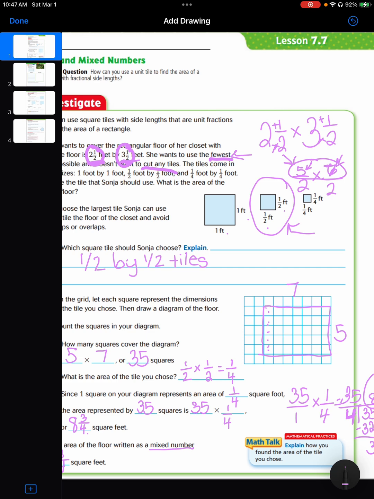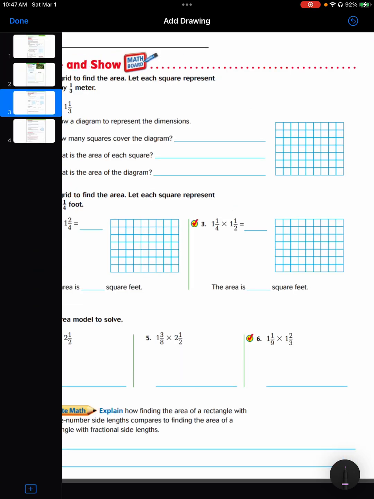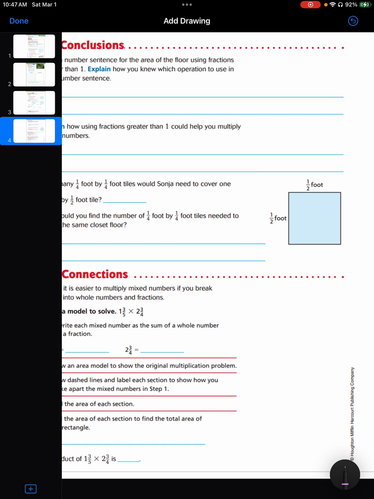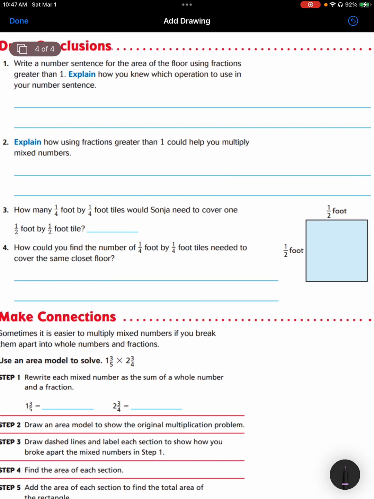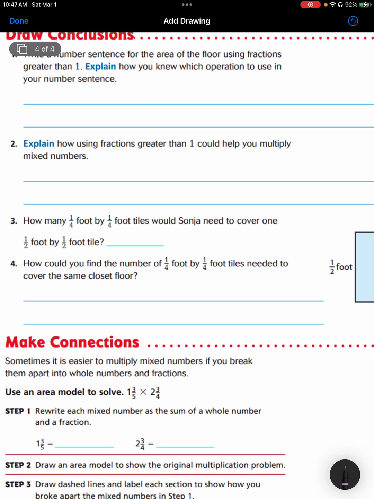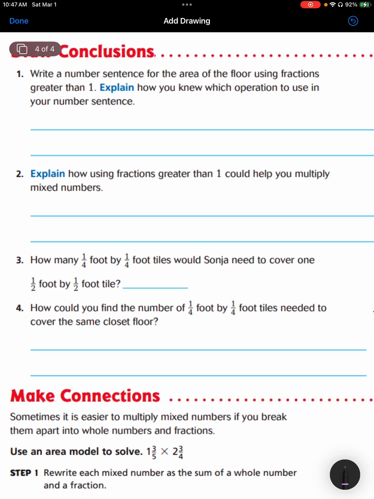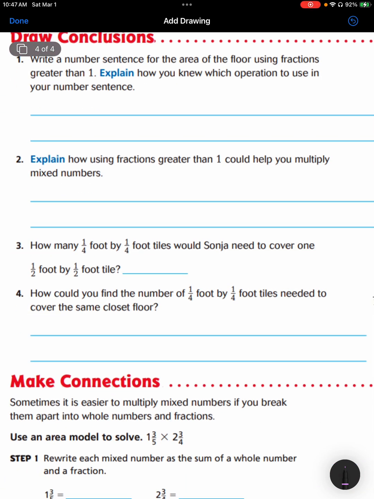Okay, so if we take a look at the next page. For drawing conclusions, we need to write a number sentence for the area of the floor using fractions greater than 1. So this is still working with the same information from the previous page. We already converted them back on our first page.